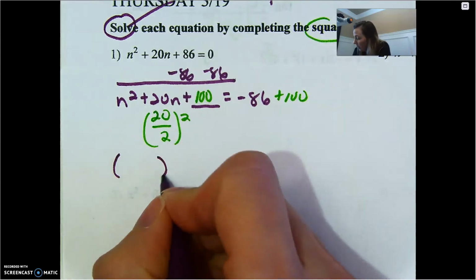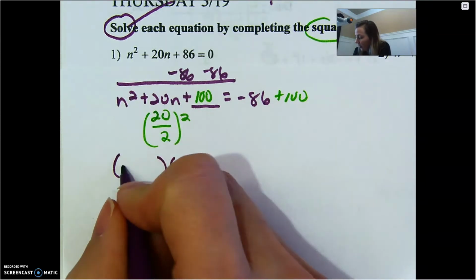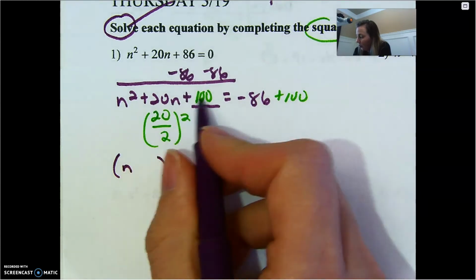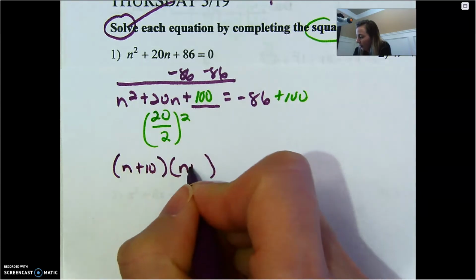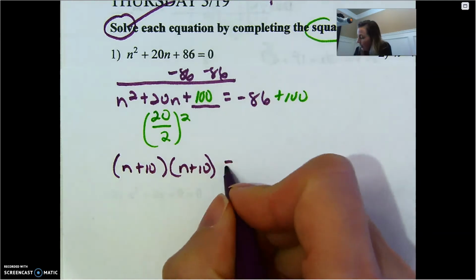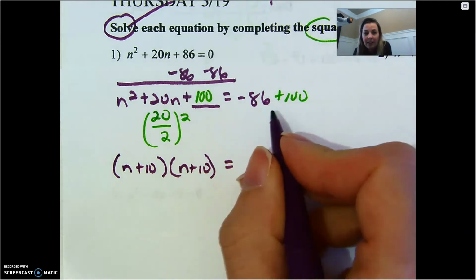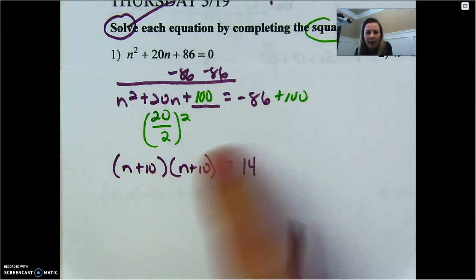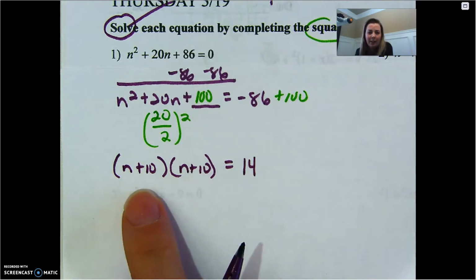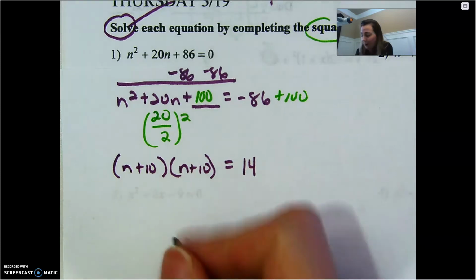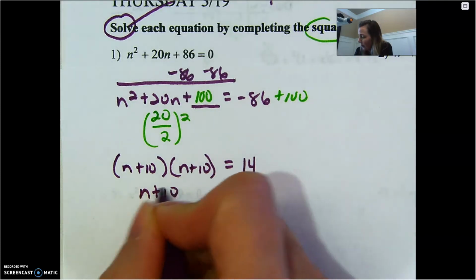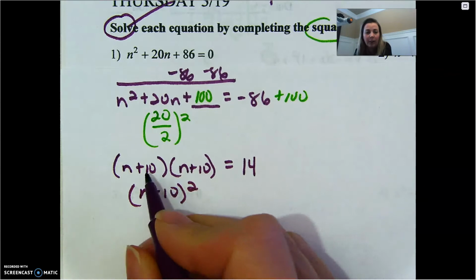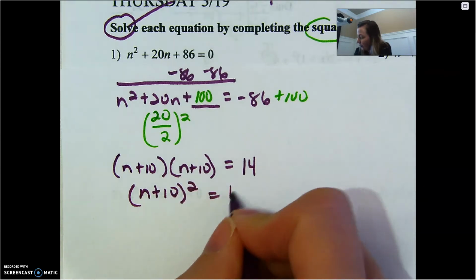So n squared, 20n, and 100 get split up into the two 10s. Over here, negative 86 plus 100 is 14. When it's the same thing 2 times, you can write it as n plus 10 squared equals 14.